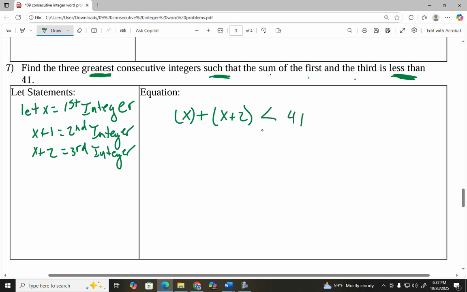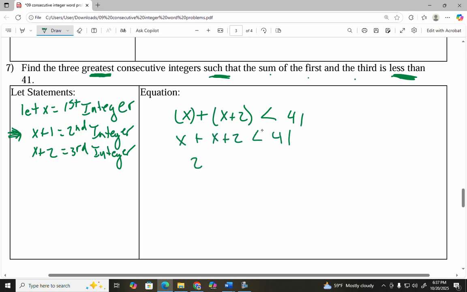You didn't use the let statement for the second integer. There is no rule that says you have to use all let statements. Sure, there has to be a let statement for the second integer because there are 3 integers, but we don't have to use that second integer in our equation. It says the sum of the first and the third is less than 41. So let's solve this.